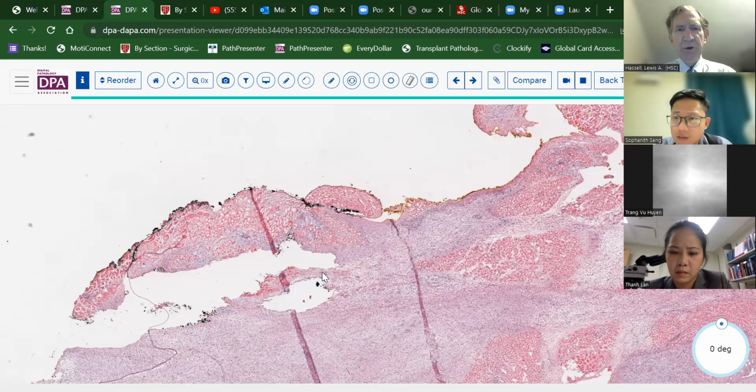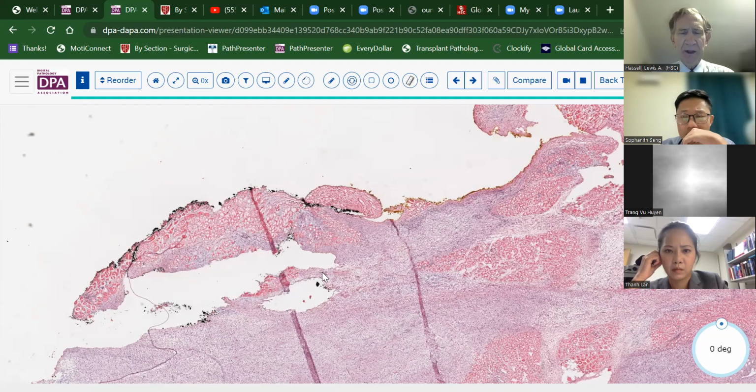So what do we do to sort of combat that? Well, one is the way that we apply the ink to the specimen. You could just dip the specimen into a liquid solution of India ink, and it would be all over the place. That would accentuate this problem of ink where you don't want it.